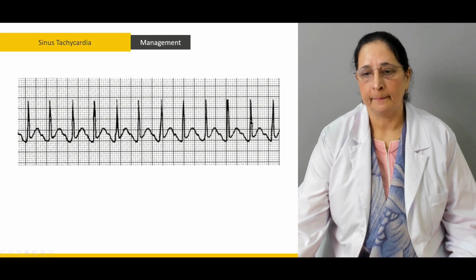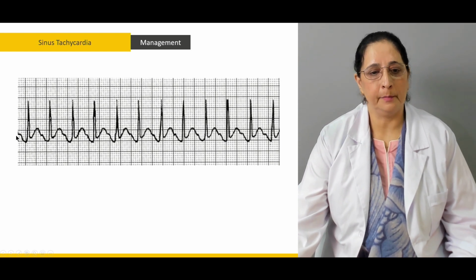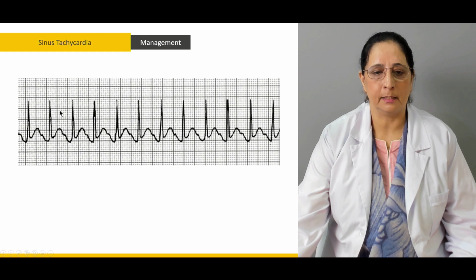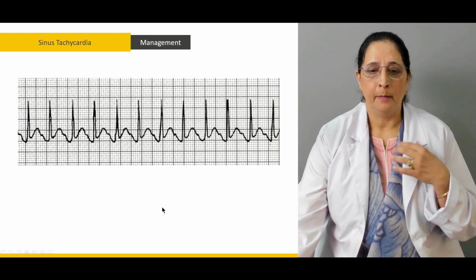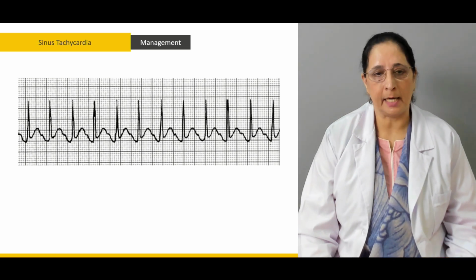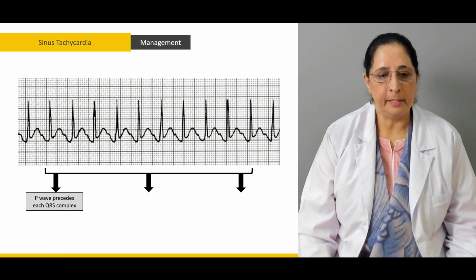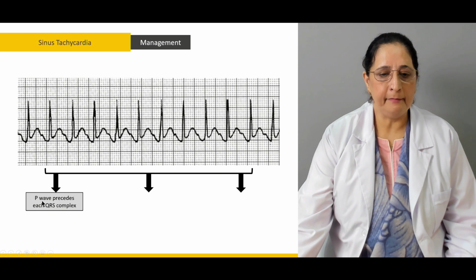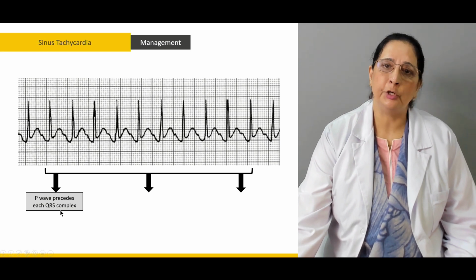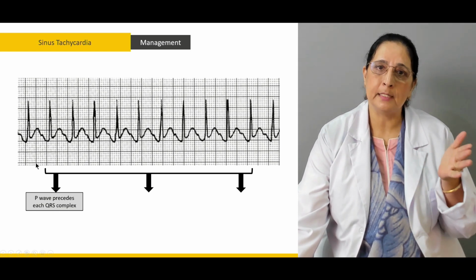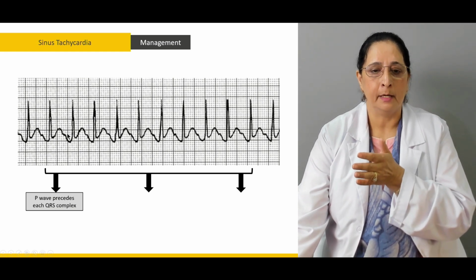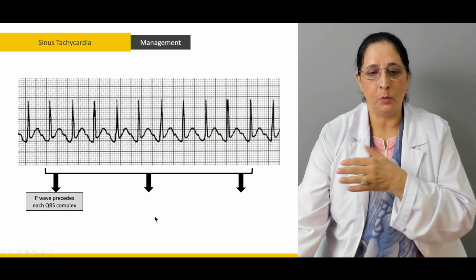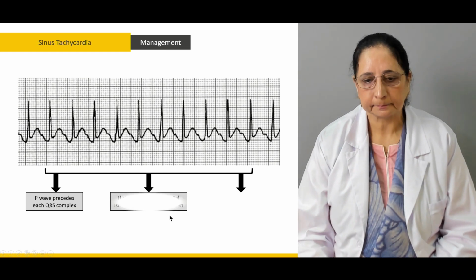You can see a very fast heart rate, but the cycle is pretty much normal, just fast. For sinus tachycardia, the management: the P wave precedes each QRS complex. So there is a normal cycle, the P waves are present before each QRS complex.